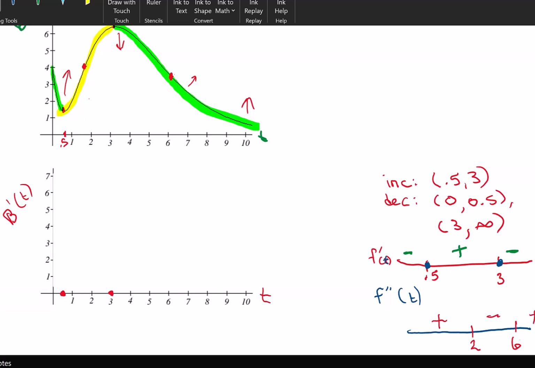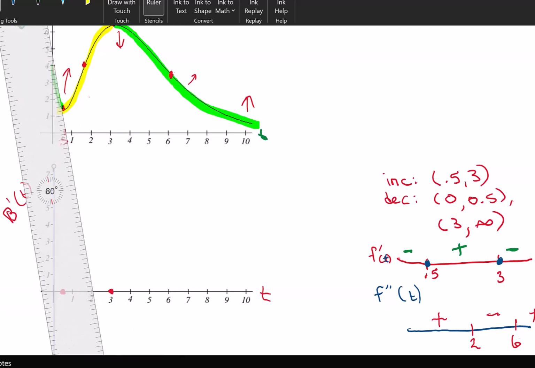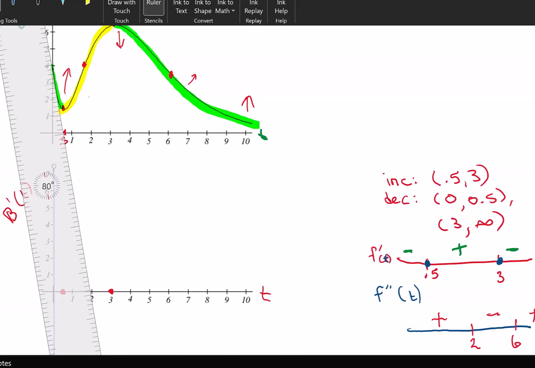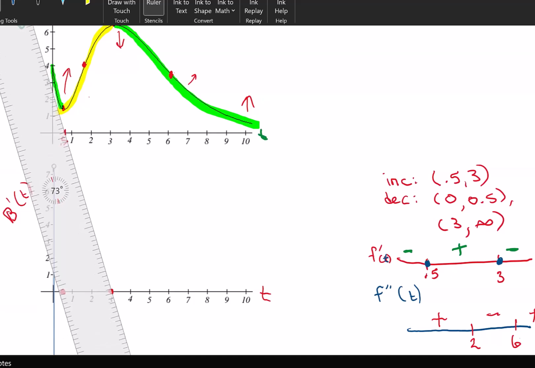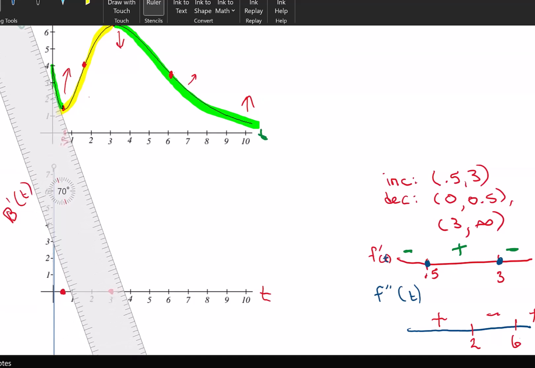And I know from 0 to 0.5, it's decreasing, which actually means it's negative. If I were to draw a tangent line at 0, it maybe would look like this. It's very steep, so it's pretty big. And as I come around, I'm having to turn my ruler a little because it is curving.